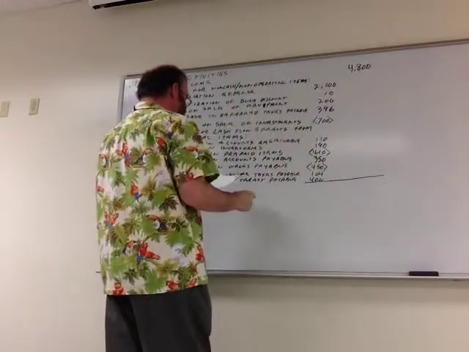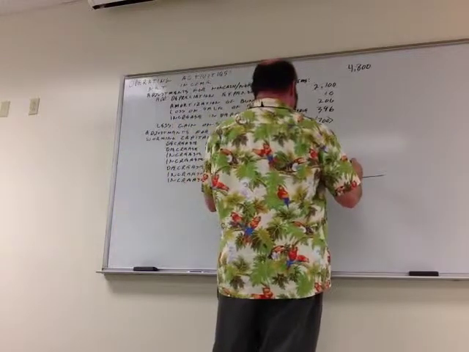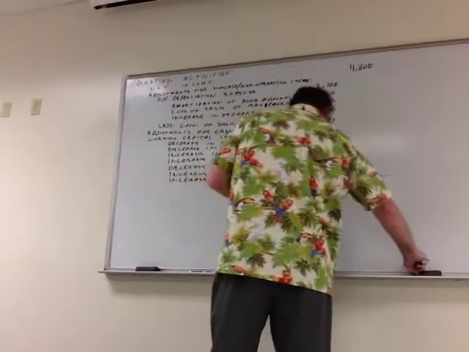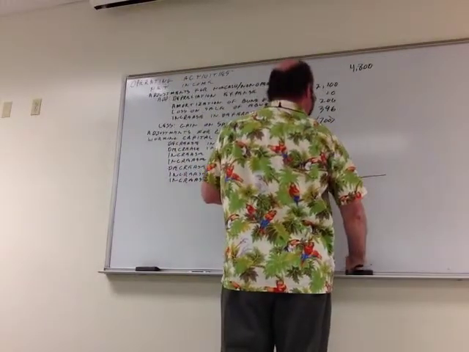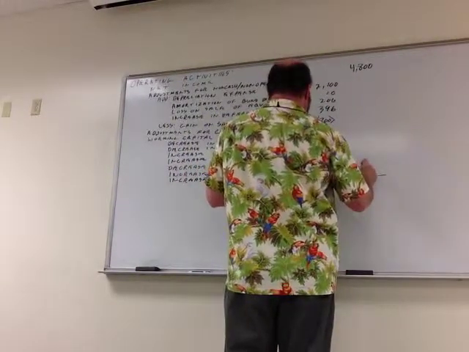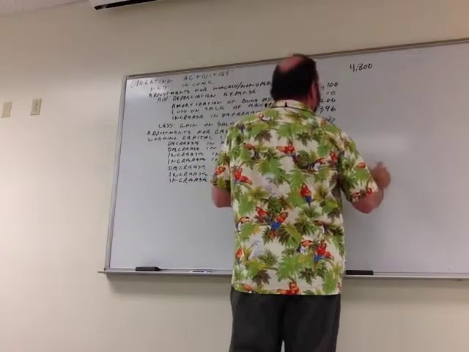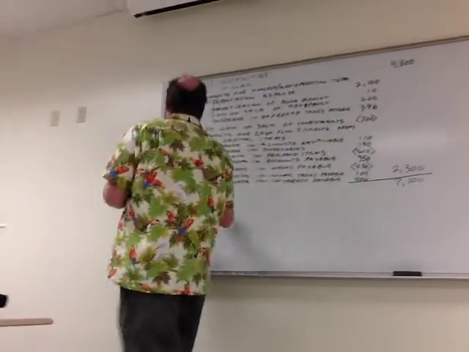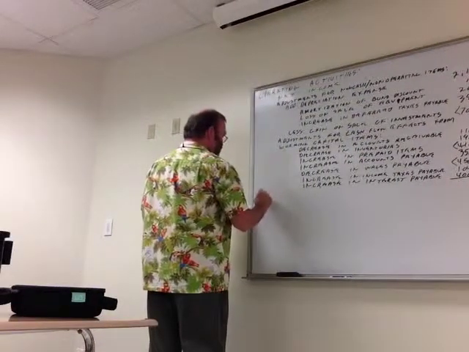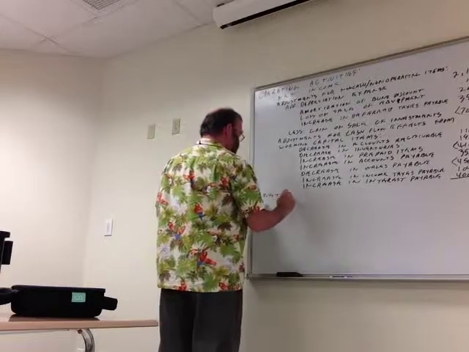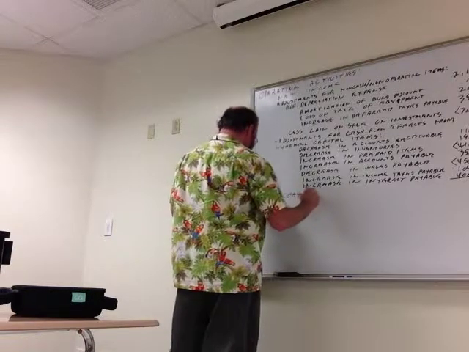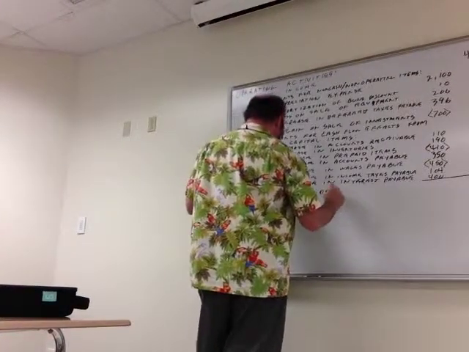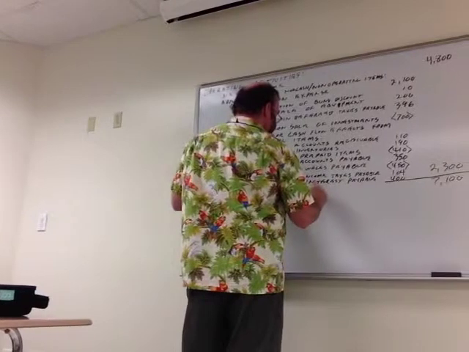Add all that up, and you get $2,300 positive, giving you $7,100 as net cash provided by operating activities.